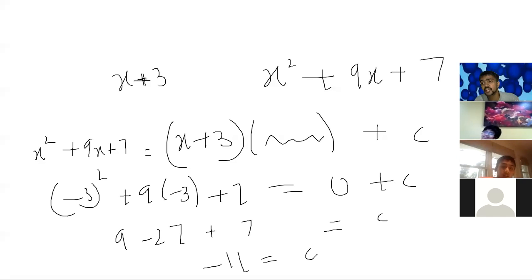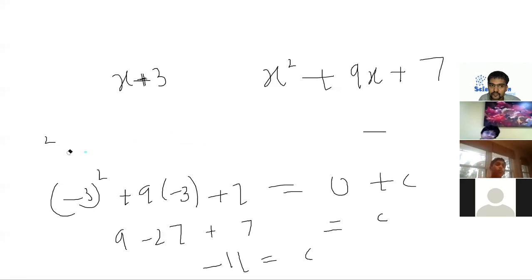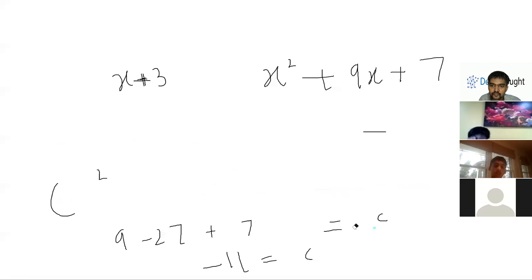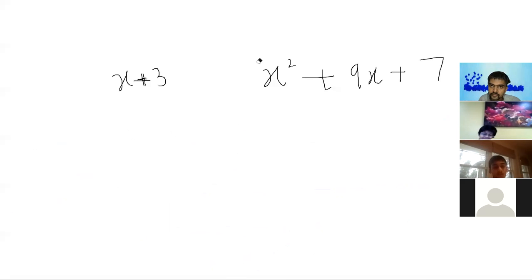Now divide and check if it's the correct answer or not. I have a question. Yeah, so basically what you did was that x squared plus 9x plus 7 was the divisor and x plus 3 was the dividend. But then you flipped it over like a fraction's reciprocal to get that different answer. Abhay, just divide and check.